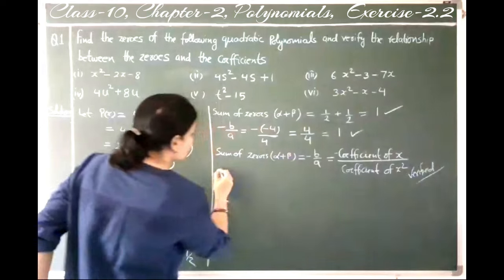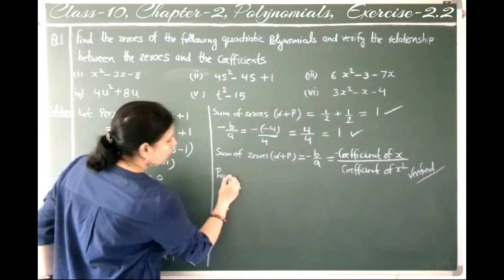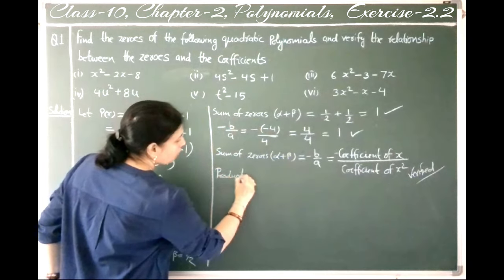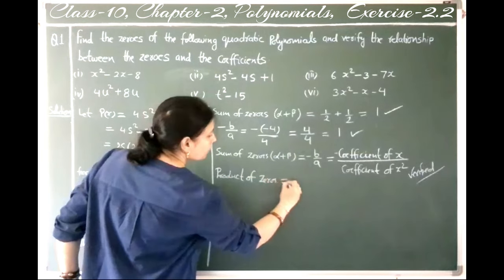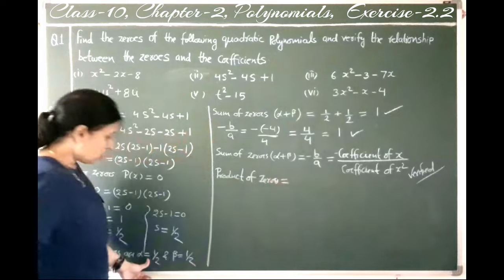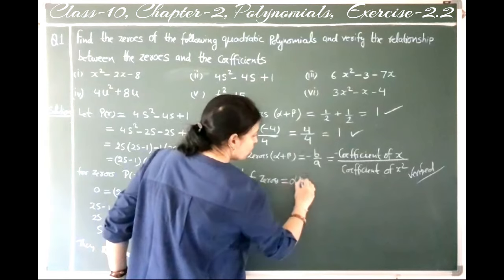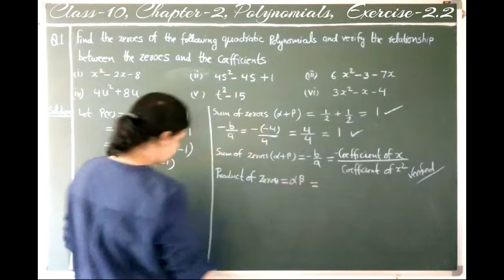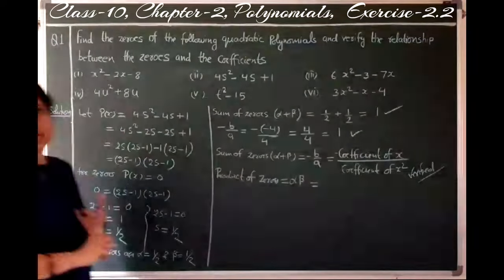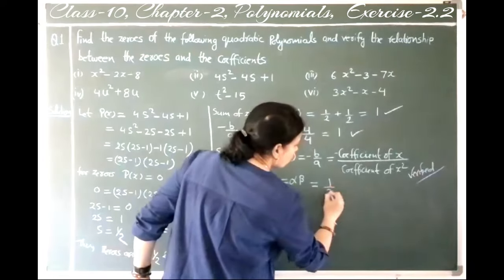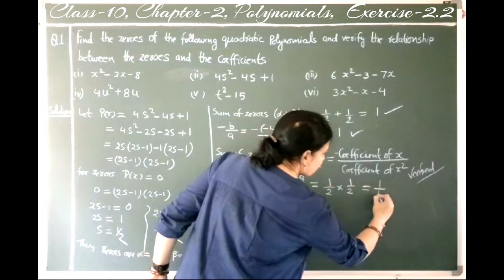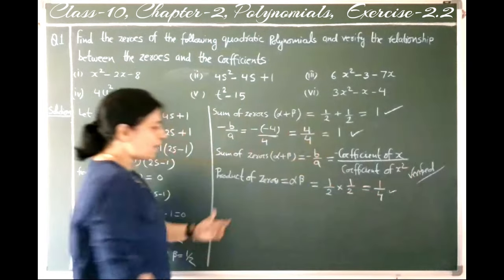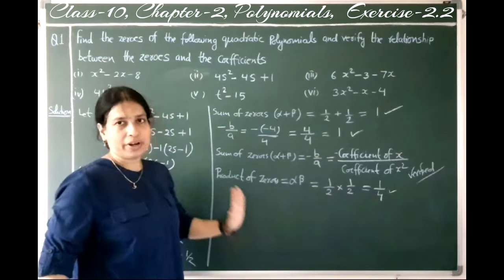Yes. So right here product of zeros. Product of zeros means alpha into beta is equal to alpha is 1 by 2, beta is 1 by 2. So 1 by 2 into 1 by 2 will be 1 by 4. So we have alpha into beta is equal to 1 by 4.